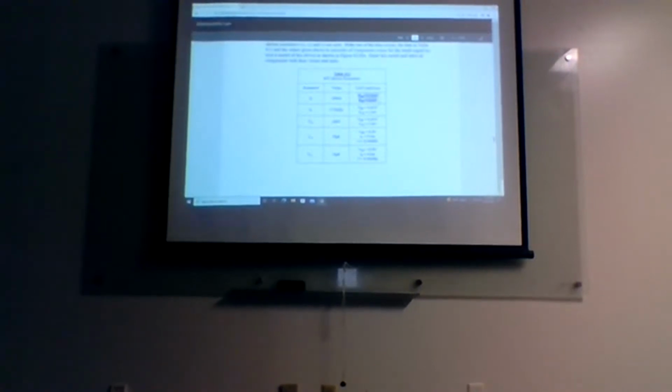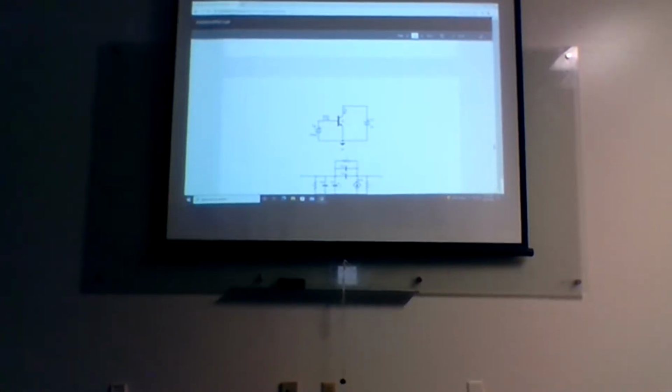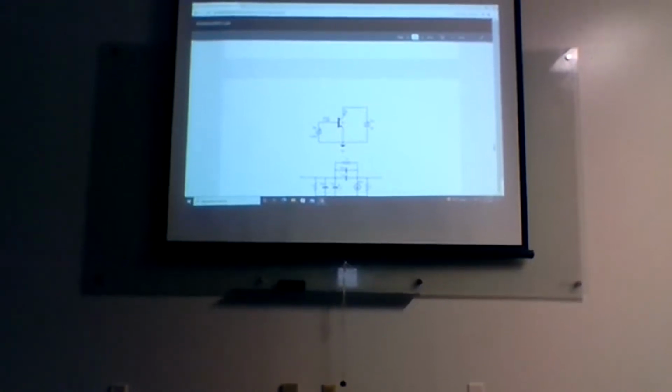VT goes into the materials, we'll talk about that in a minute. If you look at the circuit, you have VBE is 0.65 and VC is 5 volts.